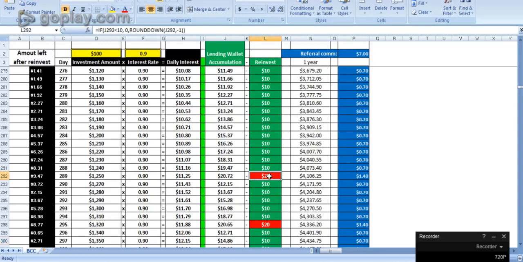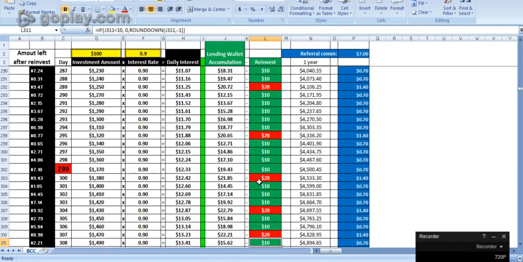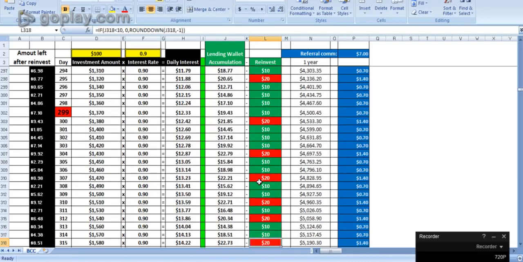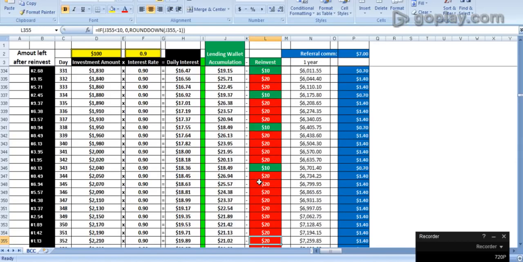And then you'll start to see these red $20 days get closer and closer. This is the power of compounding interest. The money that you have invested is building on itself and increasing every day with these new little reinvestment loans. Now it's still not even a year yet.